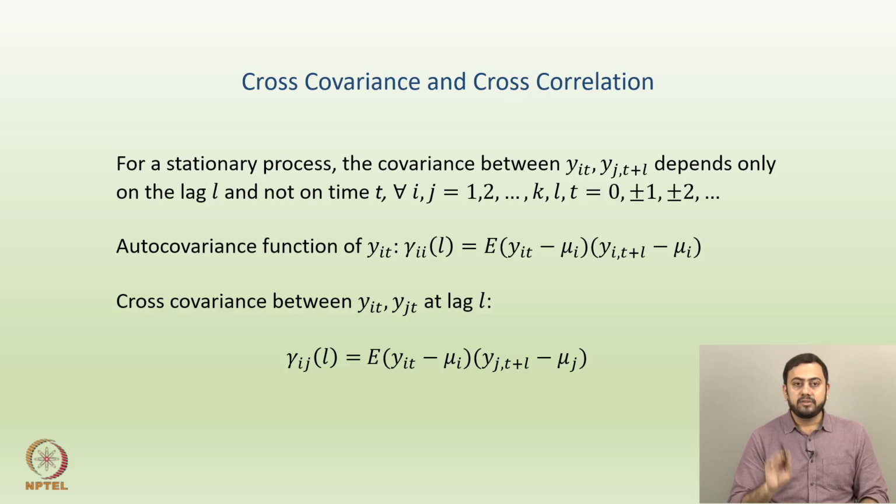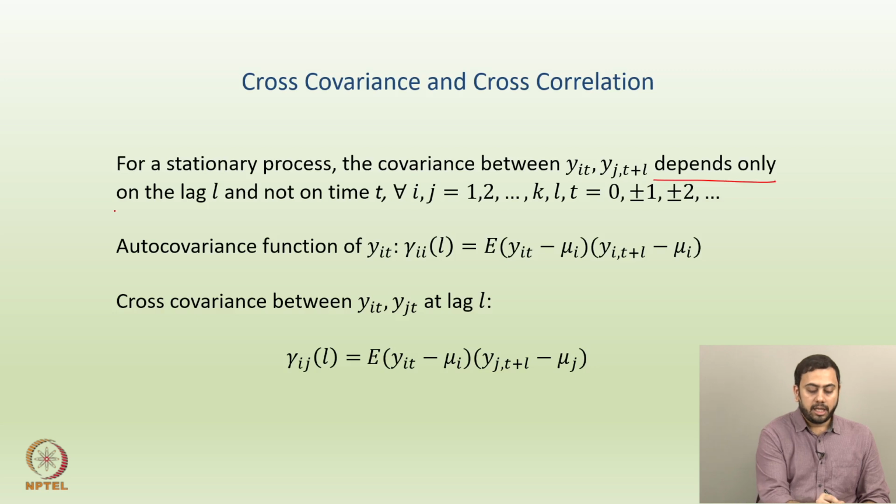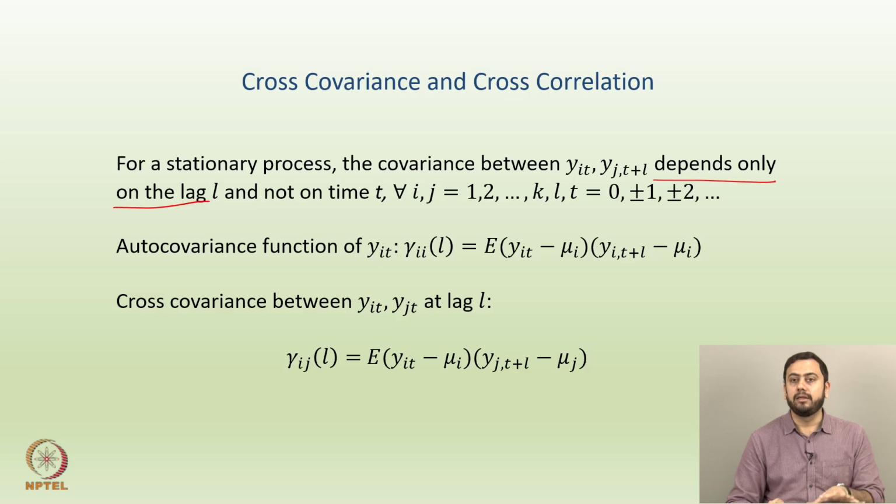Again assume that the process is stationary. For a stationary process, the covariance between yit and yj comma t plus l depends only on the lag L and not on time t. I think this property we studied long back, isn't it? When do you say that a process is stationary? By looking at the covariance: if the covariance only depends on the lag and not the actual time stamp t.